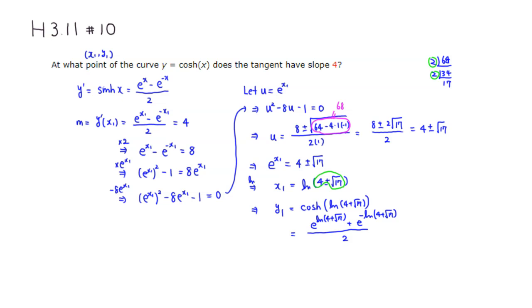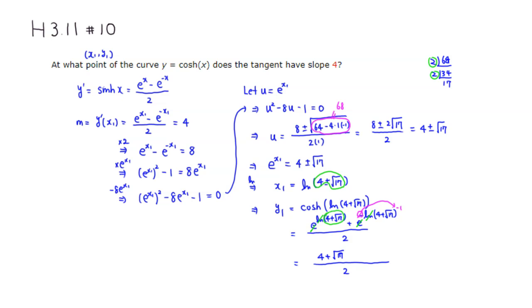We have an exponential function and a log that cancel out, and we can bring the negative 1 up here. Exponential function and log function are inverses of each other. So you end up getting 4 plus square root of 17 over 2. So that takes care of those.